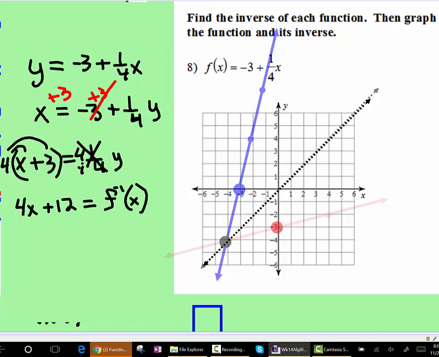We'd be down here at negative 3, which is right here. And then this says plus 1/4 x, so we'd go up 1 over 4, and then down 1, back 4, and then you can hardly see it, but it is this line right here. And then when we graph the other one, well, the inverse is 4x plus 12.